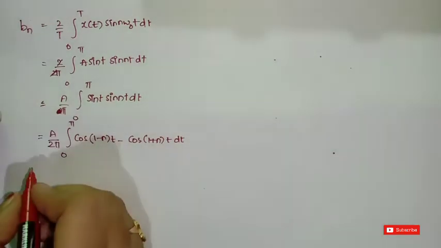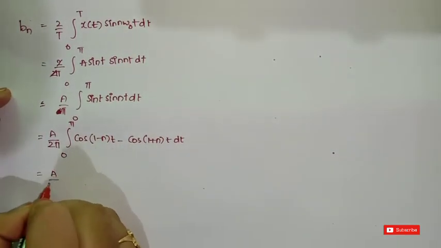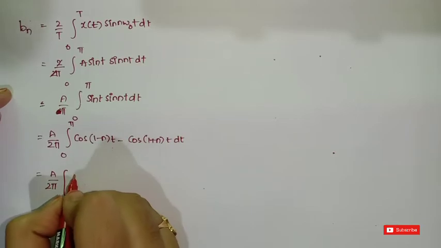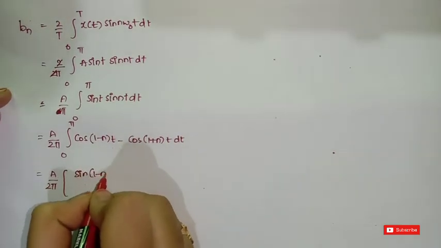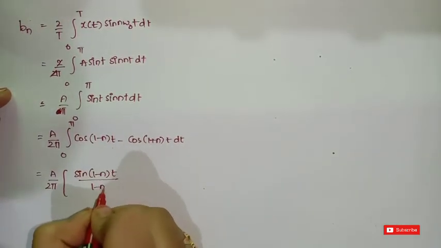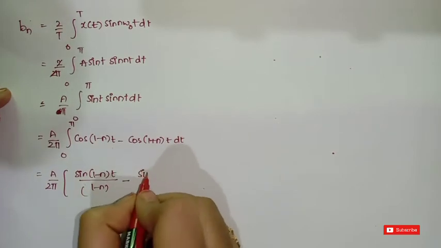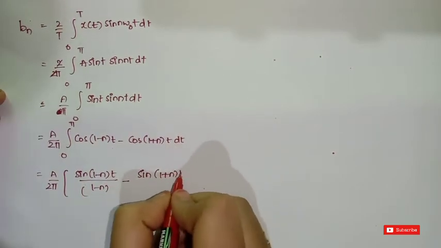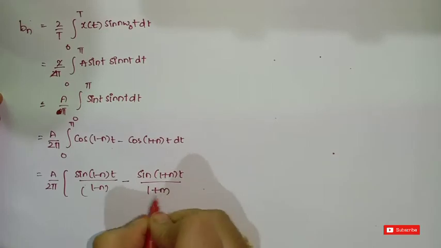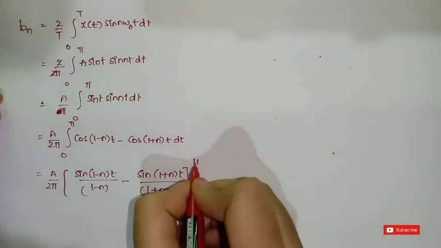Integral of cos n theta is sin n theta by n. A by 2 pi sin 1 minus n into t by 1 minus n minus sin 1 plus n into t by 1 plus n, in between the limits 0 and pi.